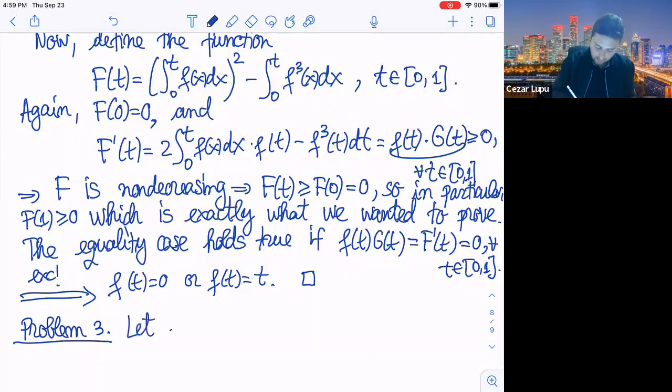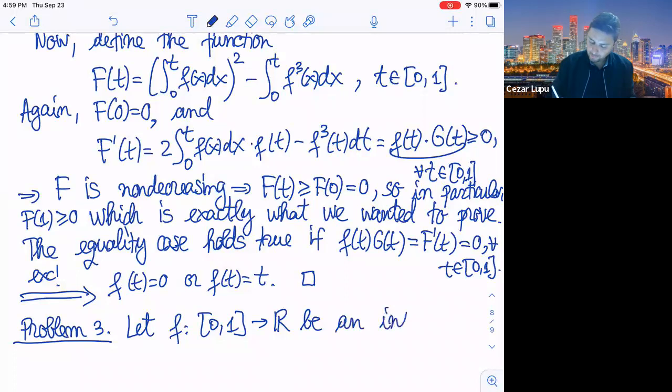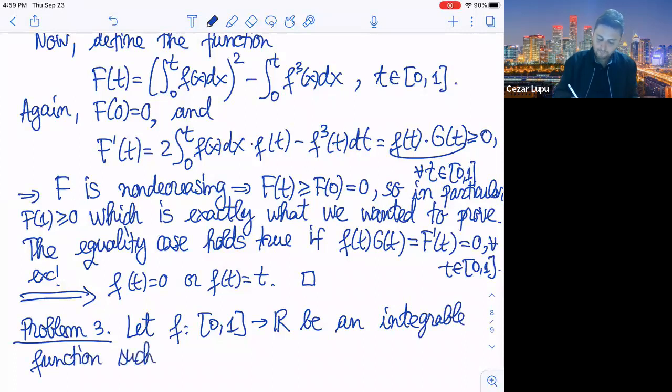So let f be an integrable function such that we have the following condition.